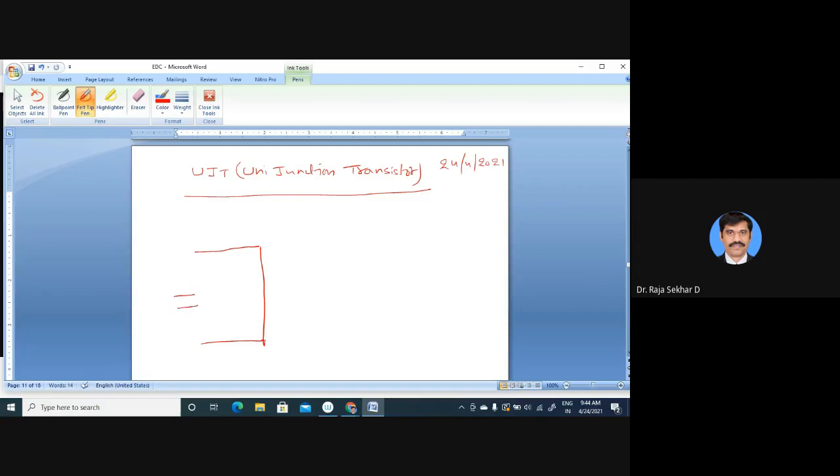Draw this one. So this is P-type material, the P-type emitter.